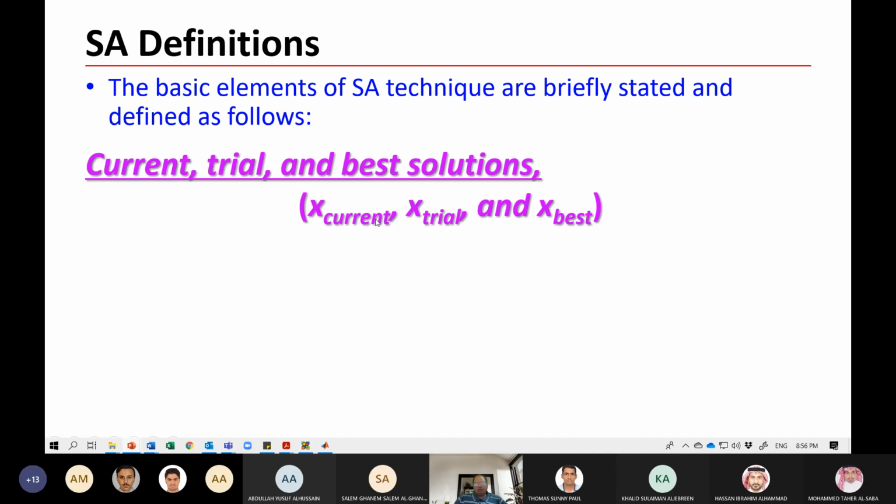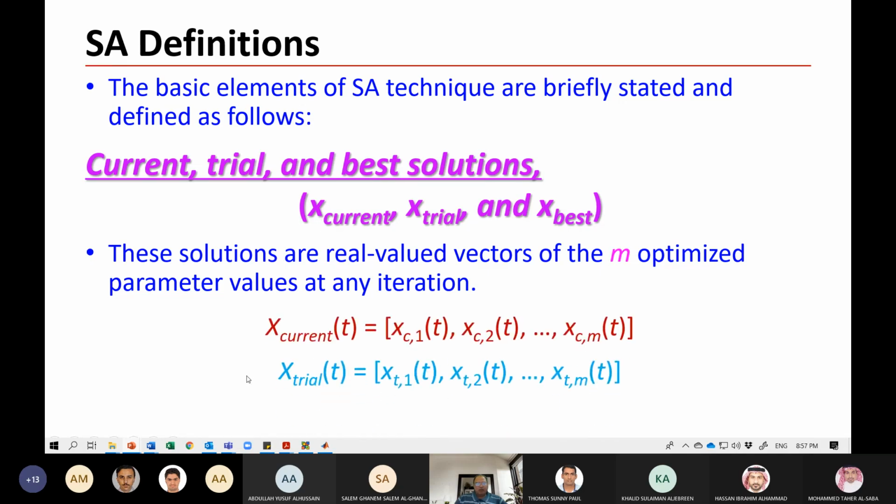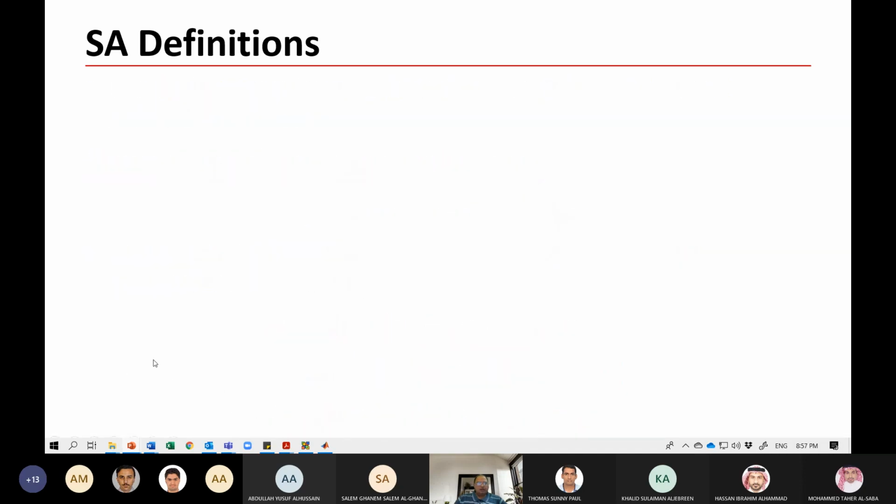X current is a solution. It is a real-valued vector with m dimensions, where m is the number of optimized parameters, similar to a particle or a chromosome. So the solution here has a similar format, and these are solutions of the problem.